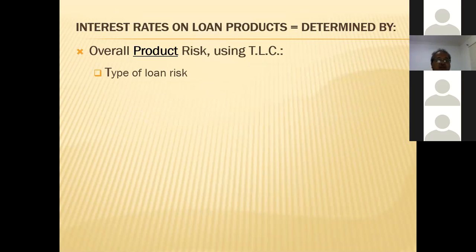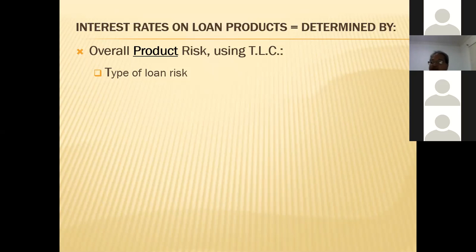So when we consider the overall product risk, we're looking at the products now, and to determine how we price it, in terms of interest. So we're looking at the product itself. So TLC is associated with the product, or the product risk.